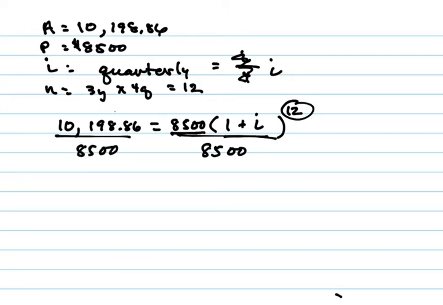Okay. So what is 10,198.86 divided by 8,500 going to give us? 1.199865882 or something like that.